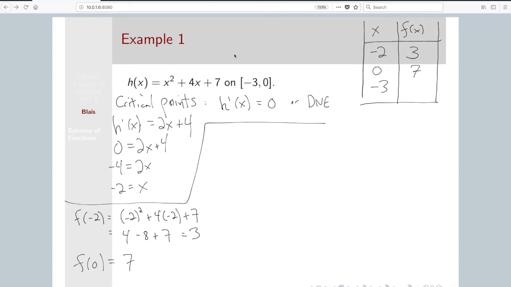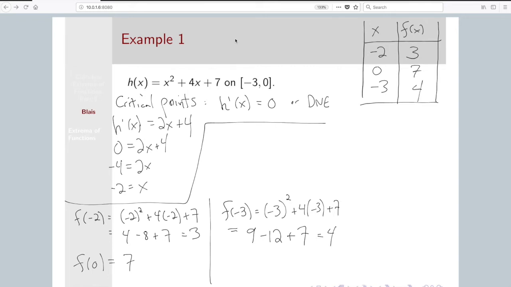And f of minus 3, we have minus 3 squared plus 4 times minus 3 plus 7. This becomes 9 minus 12 plus 7. 9 minus 12 is negative 3, plus 7 gives us 4.